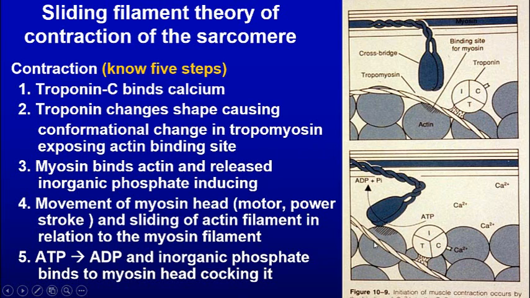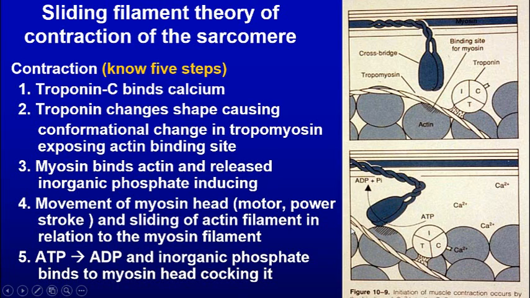The tropomyosin moves out of the way, so now the actin site is exposed. So myosin binds actin and releases inorganic phosphate. In doing so, it binds and the head moves. When the head moves, that is actually the motor or the power stroke.